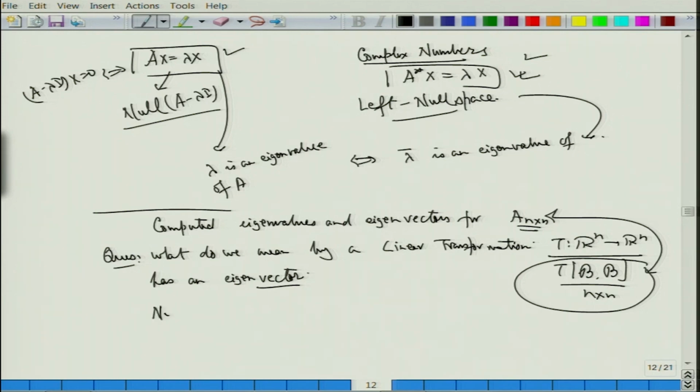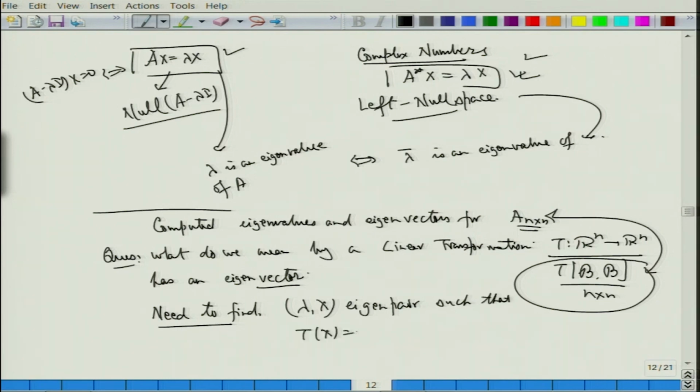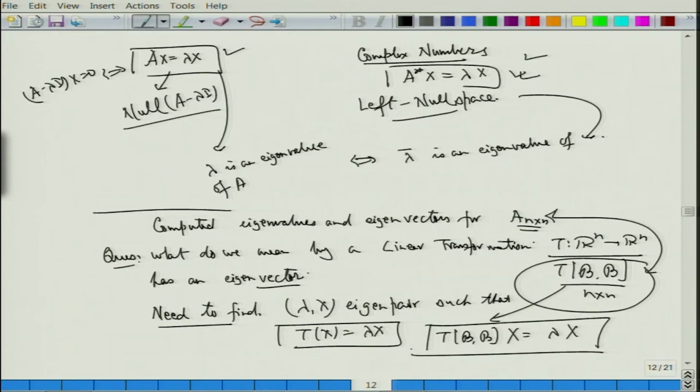We need to find a lambda, x eigenpair such that Tx is equal to lambda x. So, with respect to this matrix, I have T of B with me. I want to find an x such that this is equal to lambda times x. You can do it with a standard basis also, whatever way you want, but T of x is defined by some rule, and then you are asking for all those x for which T of x is equal to lambda x.